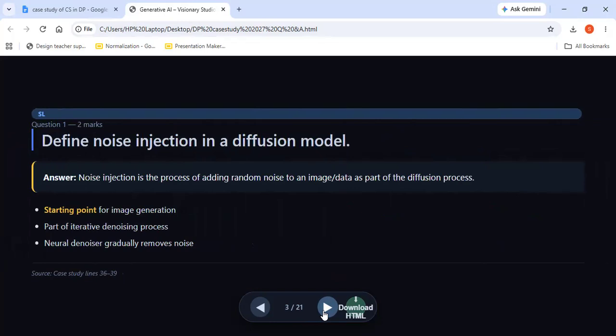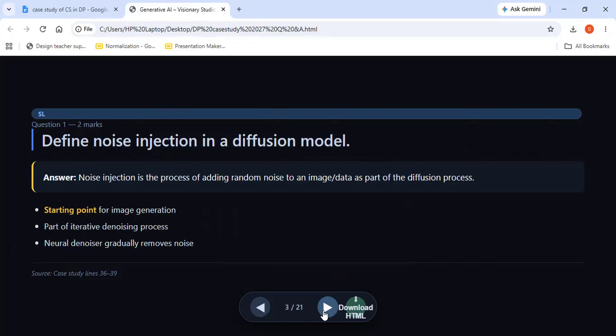Define noise injection in a diffusion model. So noise injection is a process of adding random noise to an image or data as part of the diffusion process. By the name itself, you can understand that the clear image is being added some noise and made blurry, so that from that noise point, it can learn how to generate the clear image.